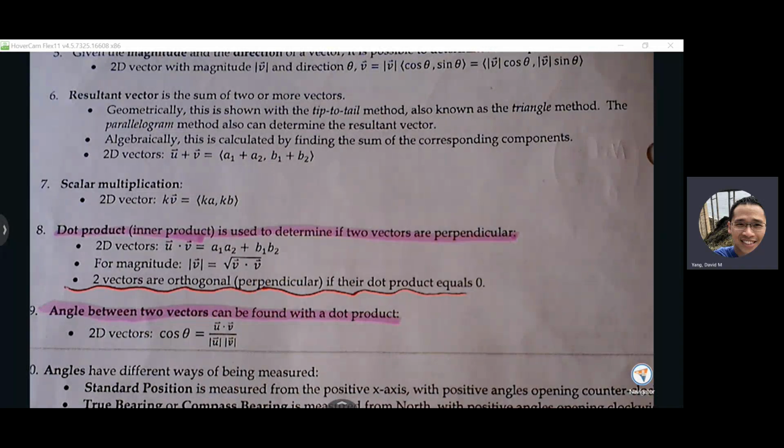If the dot product is not equal to 0, then we know it's definitely not perpendicular.